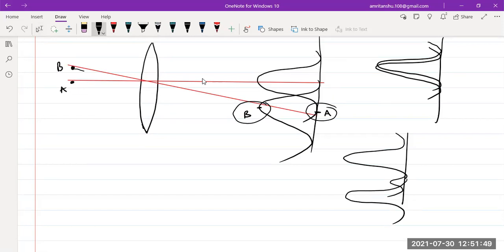This happens to be the condition known as just resolved. If it is like this, where B's maximum is lying on the maximum of A, this is an unresolved condition, and this condition is very well resolved.